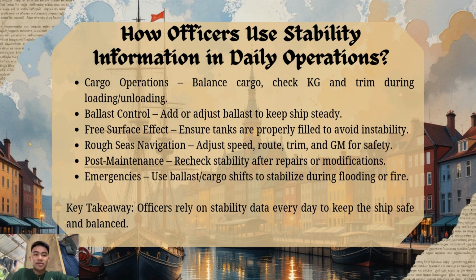During the voyage, they monitor ballast and free surface effect, adjust trim for efficiency, and ensure the vessel remains within safe limits. Even in rough seas and emergencies, stability data helps them decide how to counter flooding or cargo shift.